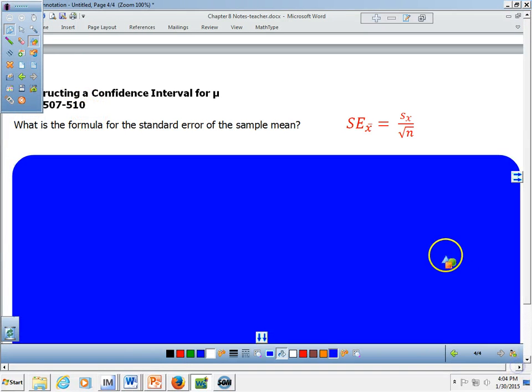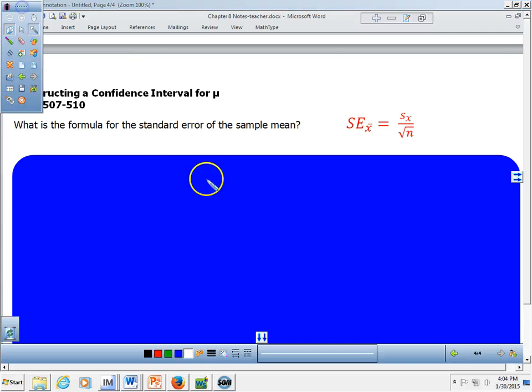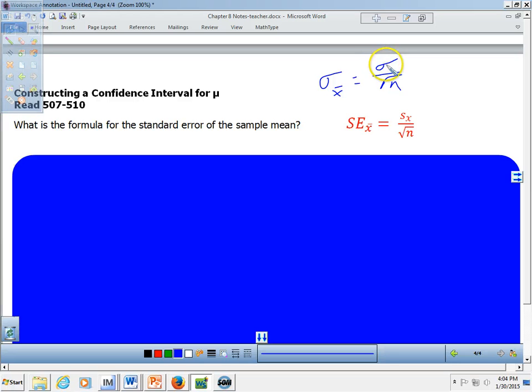Okay, so what's the formula for the standard error of the sample mean? Well, it's the same thing as proportions, right? We call this the standard error instead of the standard deviation. This comes from what we used as our standard deviation in our sampling distributions. It's just supposed to be sigma over the square root of n, but we've already discussed we're not going to know the population standard deviation.